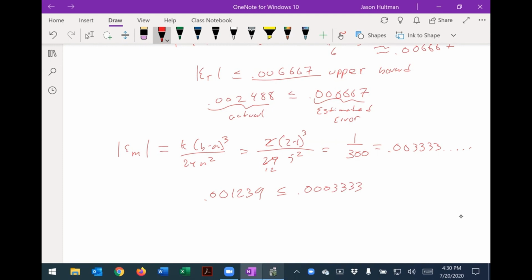So this is our actual error, and this is our estimated error. Again, it just gives us a ballpark to work in for these errors.